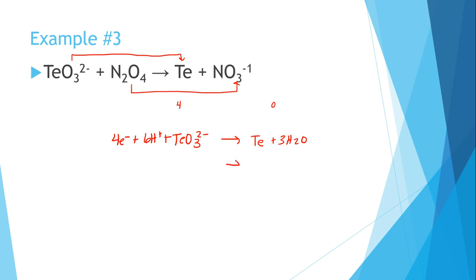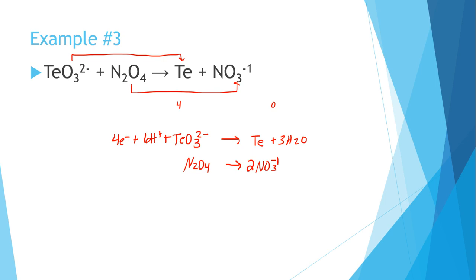To balance the second half reaction, again, we have N2O4 and then NO3 negative 1. Now, because of this, we need to match up our nitrogens. Here I have 2. So to get 2 nitrogen, I'm going to stick a 2 out front. But we're going to notice that our oxygens are off.